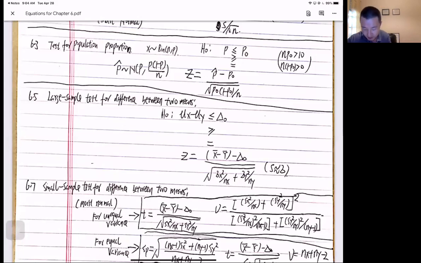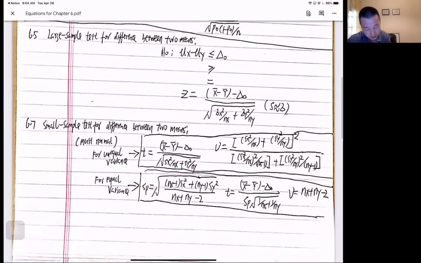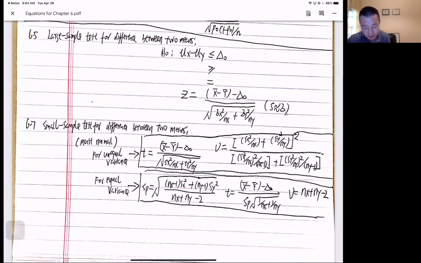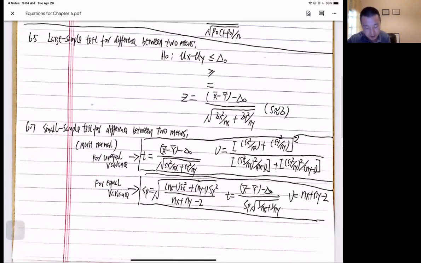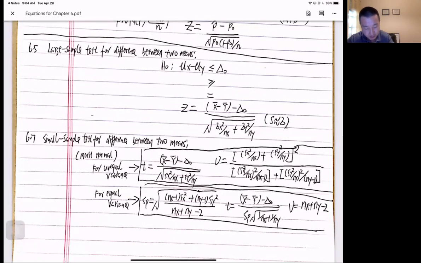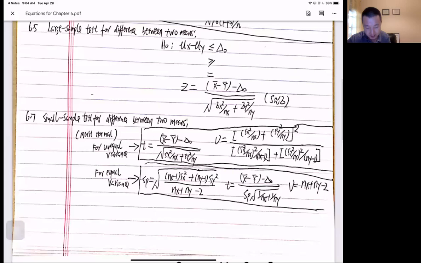And 6.7 is small sample test for difference between two means. I put large sample and small sample tests for difference between two means together, so you can compare that. And the condition for small sample must be normal.